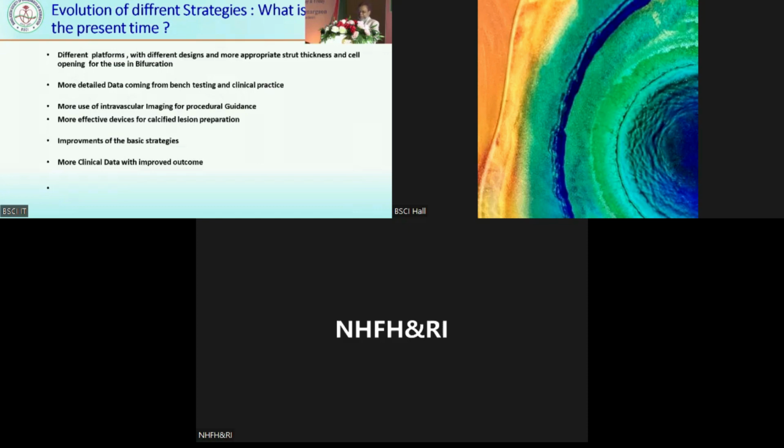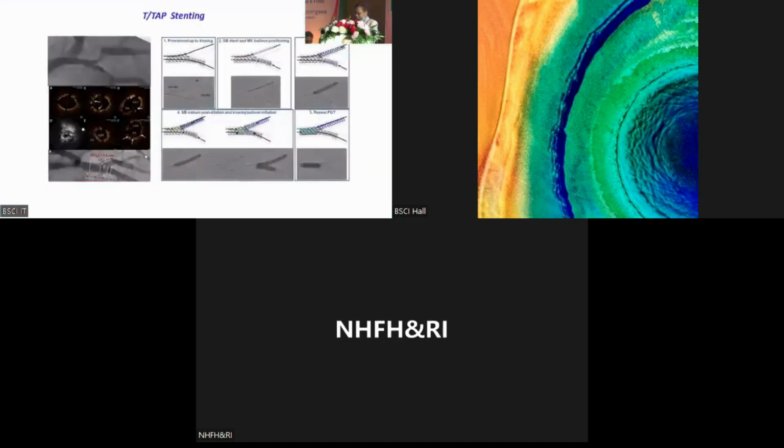More detailed data is coming from bench testing and clinical practice regarding the double stent strategy, more use of intravascular imaging for procedural success, more effective devices for calcified lesion preparation, and improvement of the basic strategies, and more clinical data with improved outcomes is coming. And these are the different steps of the different types of intervention.